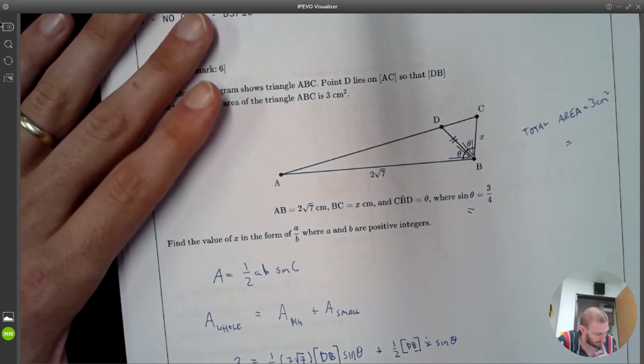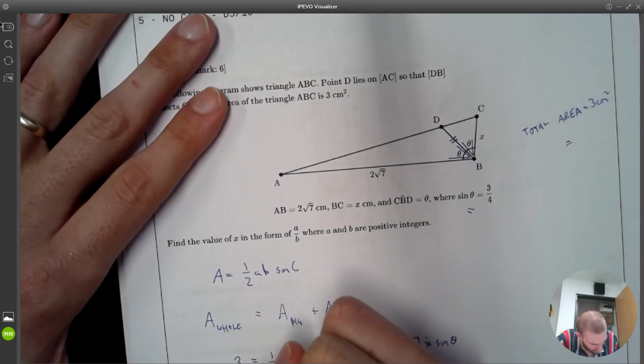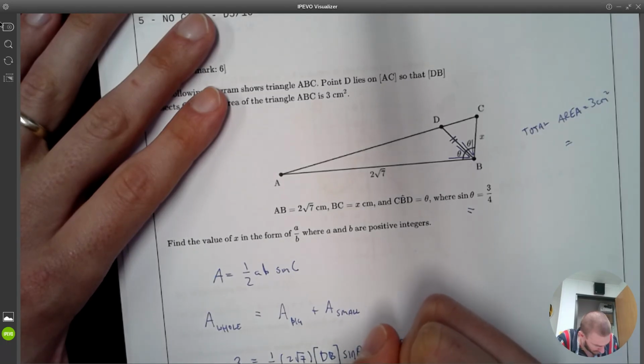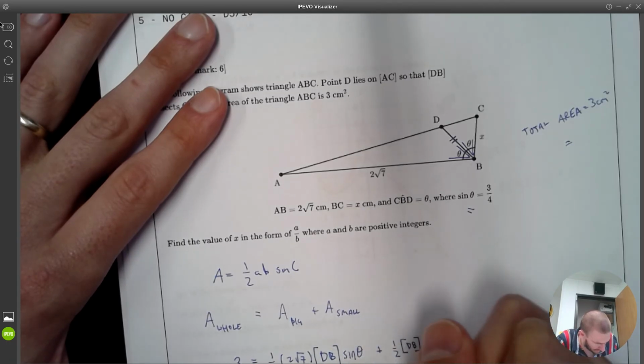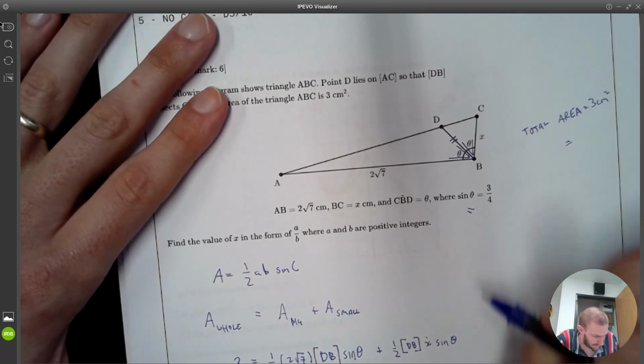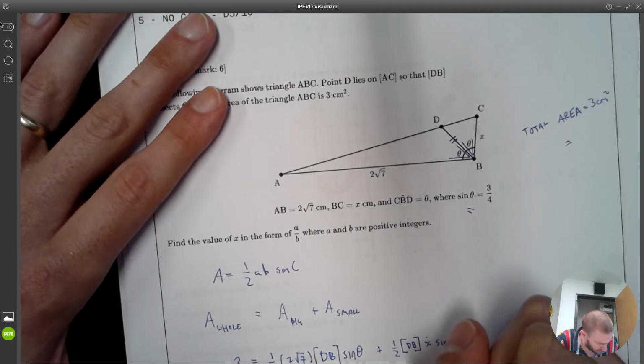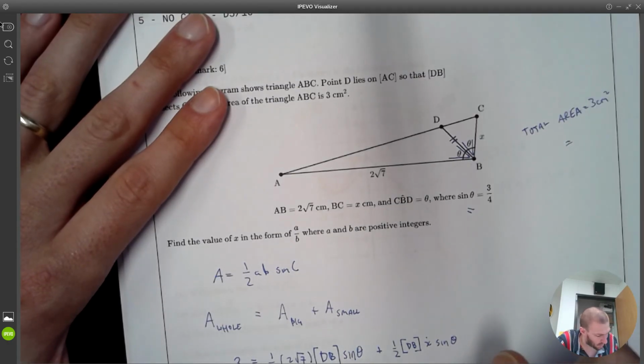They're both sines of thetas. 3 is equal to 1/2 2 square root 7 dB sine of theta. They already said sine of theta was 3 over 4. 3 over 4 plus 1/2 dBx and sine of, no, oh, frick.